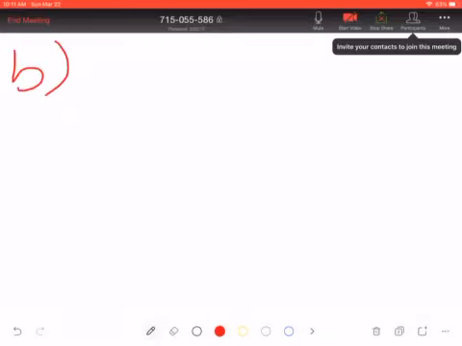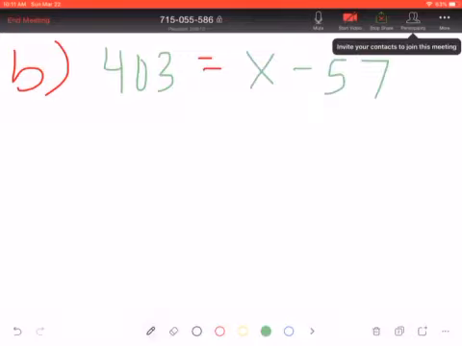This time it's telling us the number of students at Lakeside is 403. Since it's an equation, you can put an equal sign in there now, and it's going to be x minus 57. So the number of students at Lakeside is the number at Xavier minus that 57.